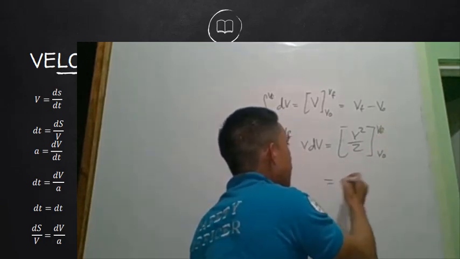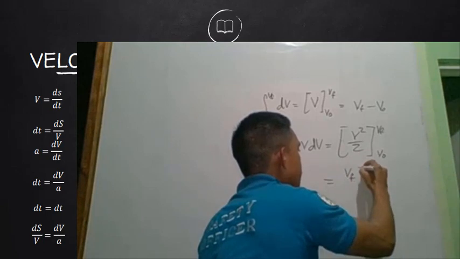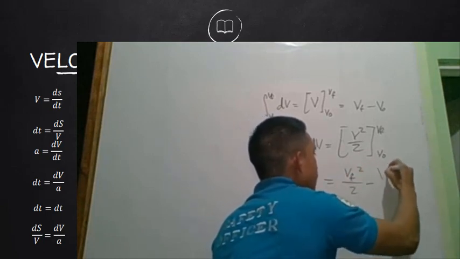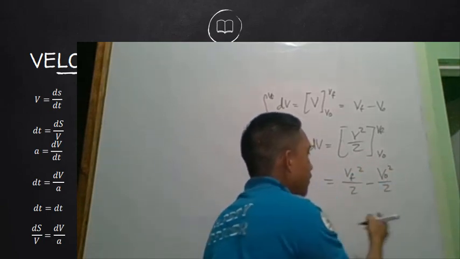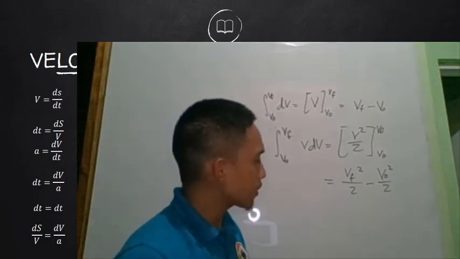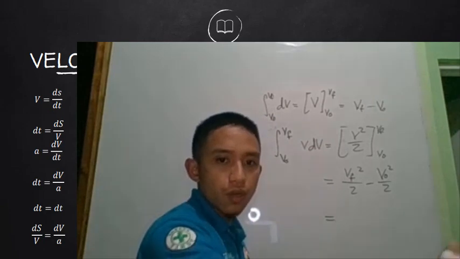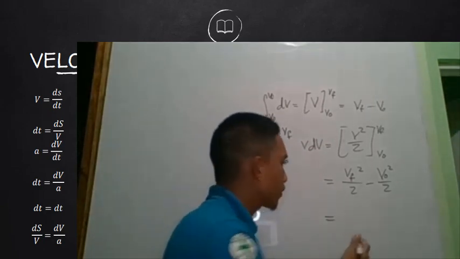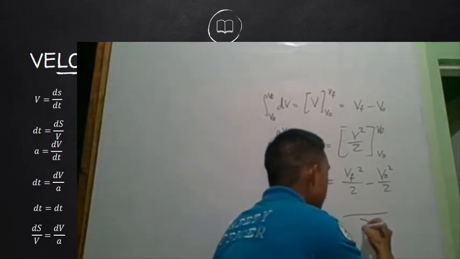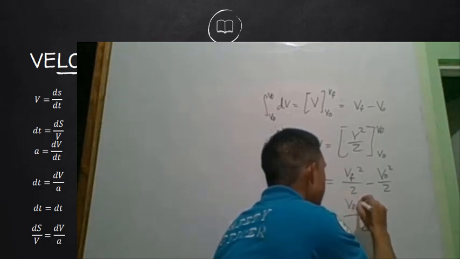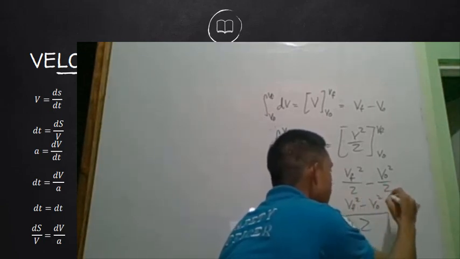Substituting your upper limit, that will be vf squared over 2 and then vo squared over 2. But they are similar fractions, so you can factor your 1/2 outside, or you can just put it as vf squared minus vo squared.